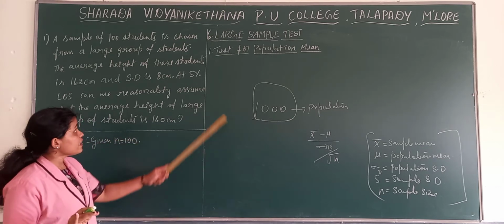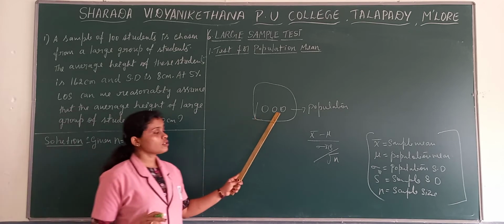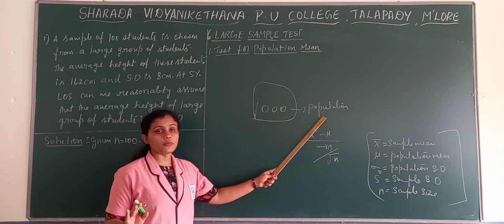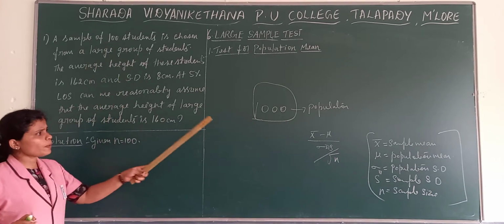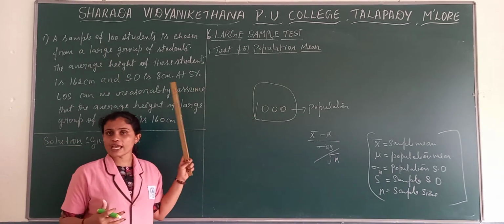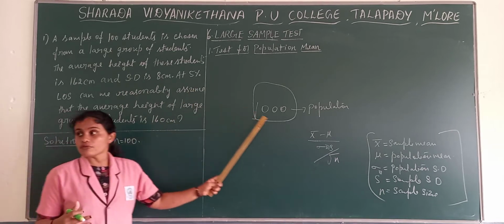As I said, there might be 1,000 people as our population, and from that 1,000 we select 100. It may be 1,000 or any other number because they have not mentioned that number.